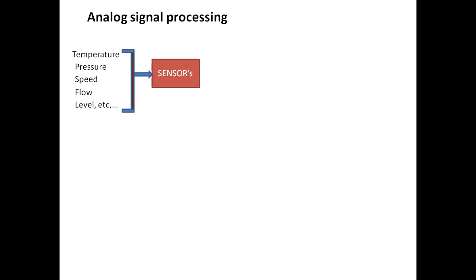How is this converted from the sensor? It is further connected to a transmitter or a transducer. A transmitter converts non-electrical to electrical, and a transducer converts non-electrical to electrical and vice versa, that is, electrical to non-electrical also.